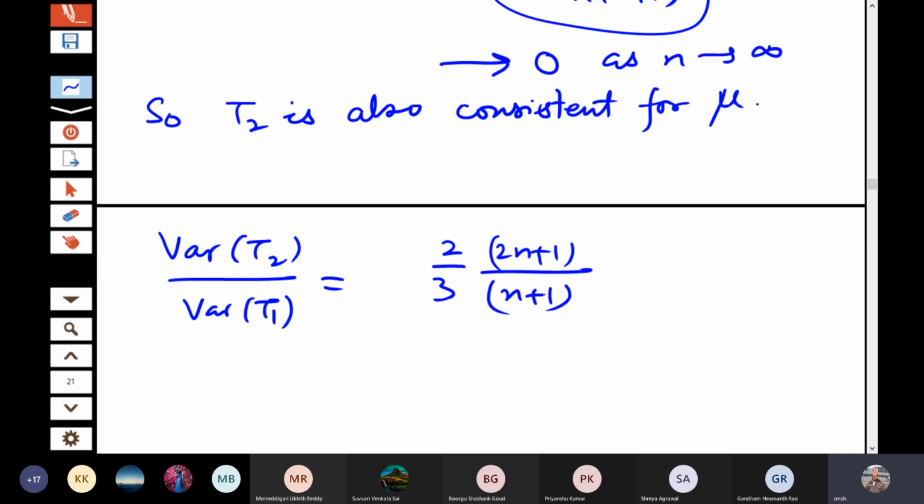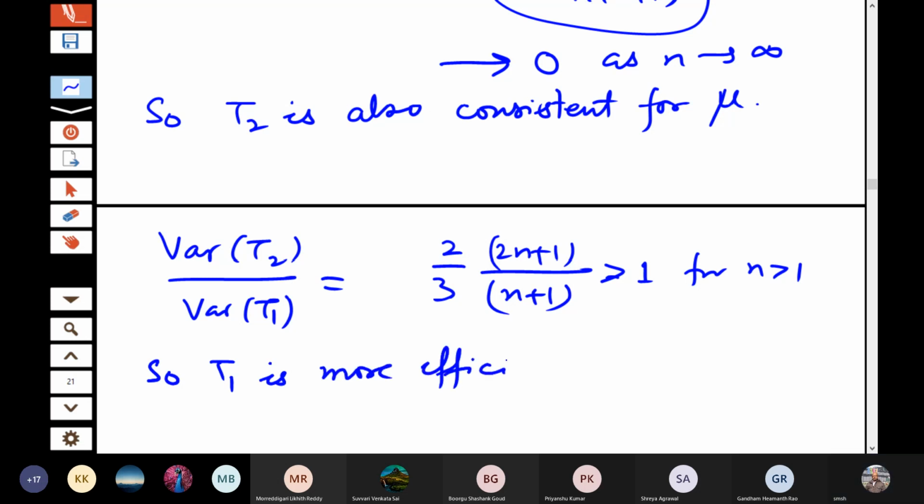So this term, if you see, is actually greater than 1. So T1 is more efficient than T2. That is, the simple arithmetic mean is better than this weighted arithmetic mean here.